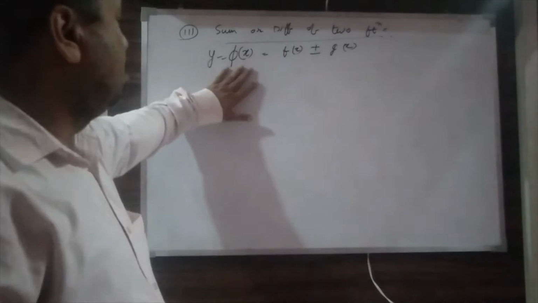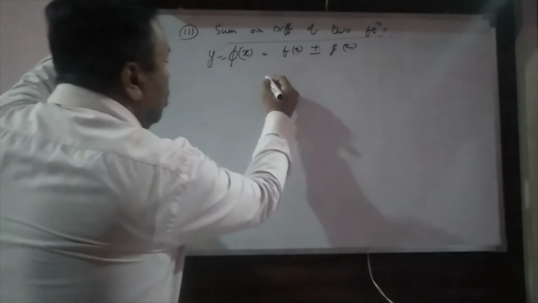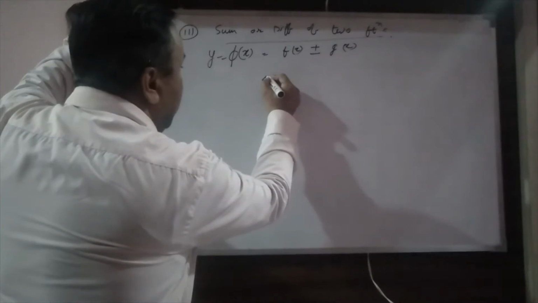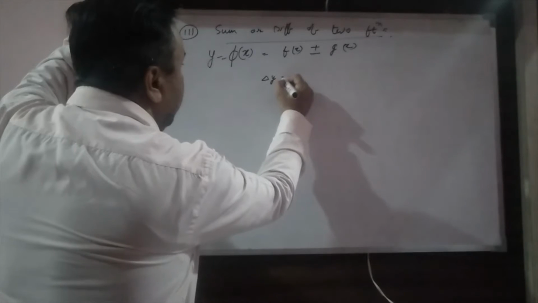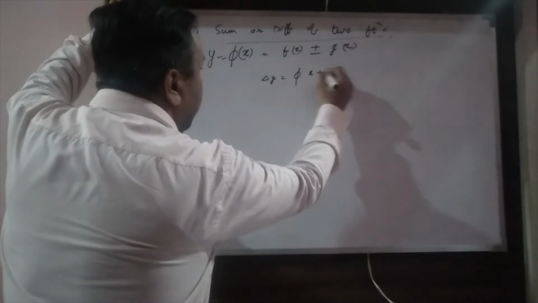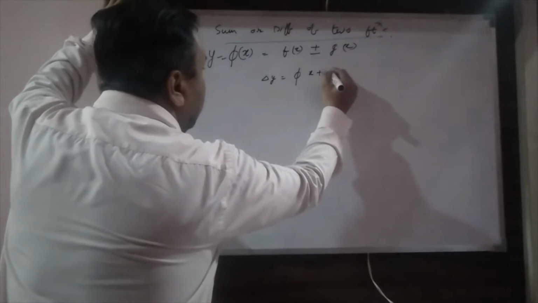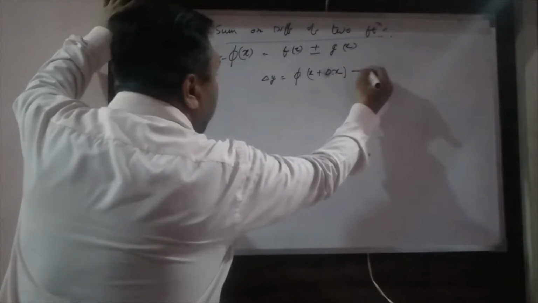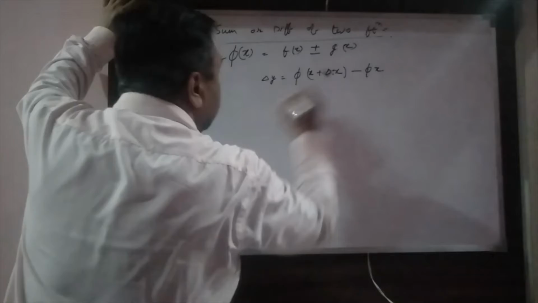If I have to find it, I will take delta y equal to phi of (x plus h), or x plus delta x, minus phi x.